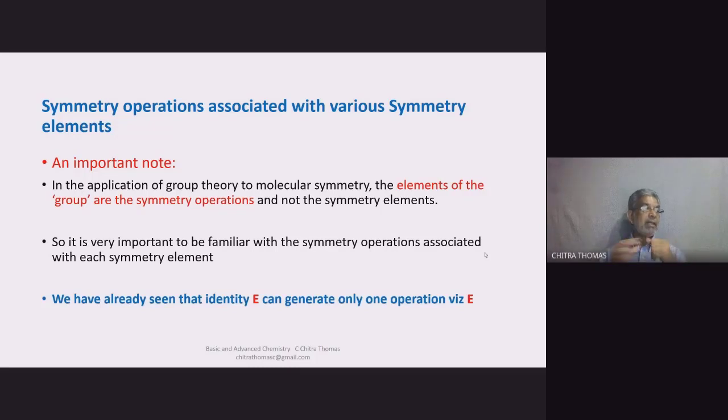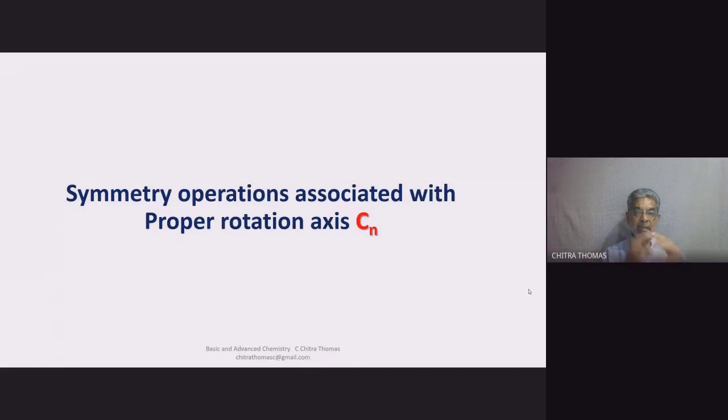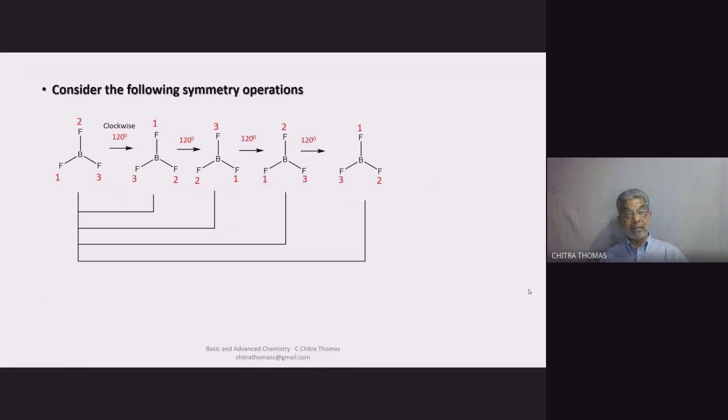We have already seen that identity E can generate only one operation, namely identity. Note down this. Now we shall consider the symmetry operations associated with the proper rotation axis Cn. Follow this carefully. You consider the following symmetry operation.